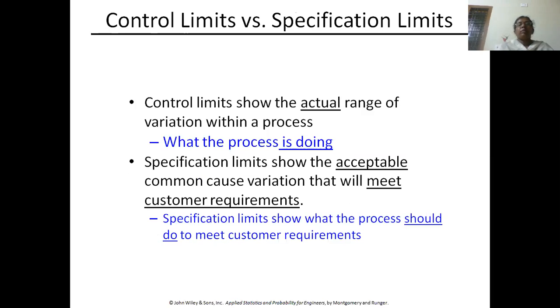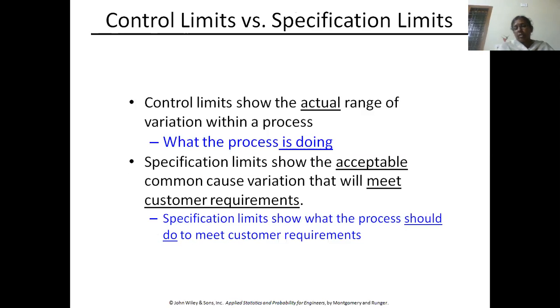What is the difference between control limits and specification limits? Control limits show the actual range of variation within a process, that is, what the process is doing. Specification limits show the acceptable variation that will meet customer requirements, that is, what the process should do.